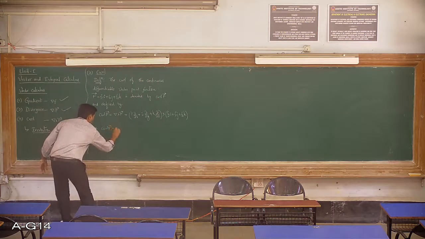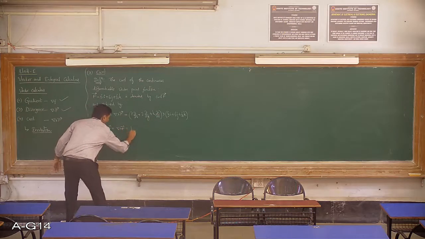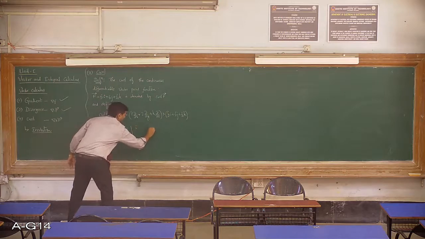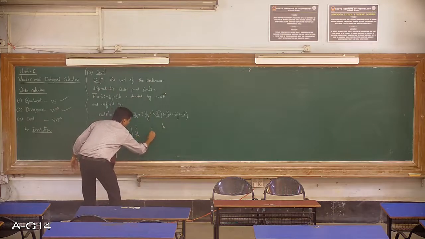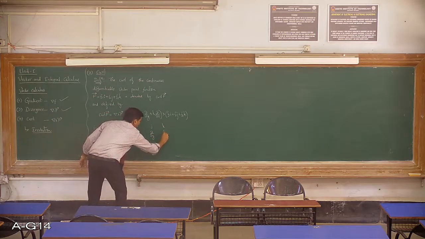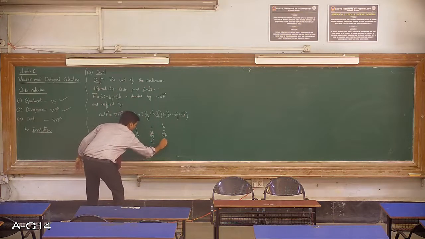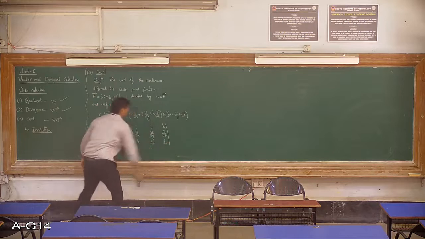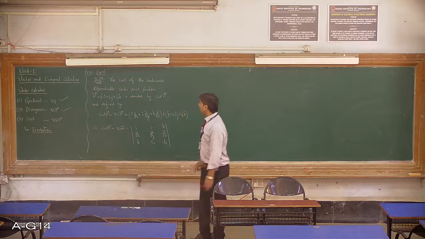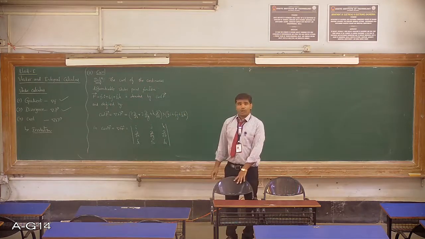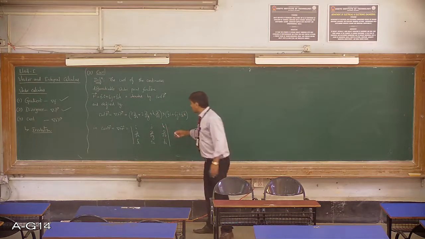Curl f is equal to del cross f is equal to the determinant with rows i j k, dou by dou x, dou by dou y, dou by dou z, and f1, f2, f3. Okay, so this is the definition of the curl of the vector point function f. This is the main definition of curl.